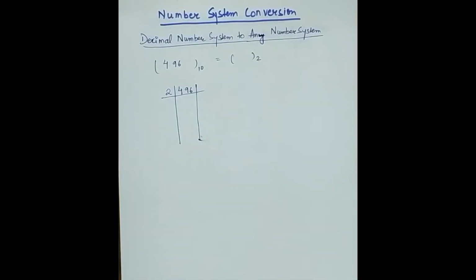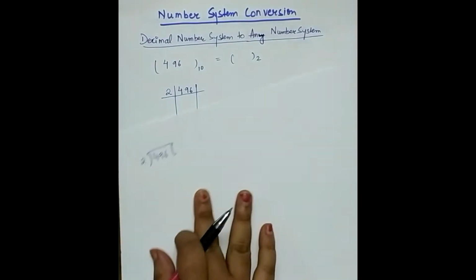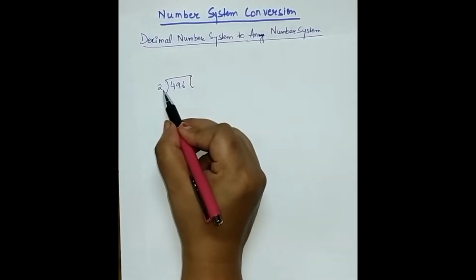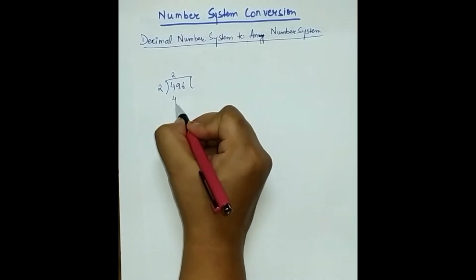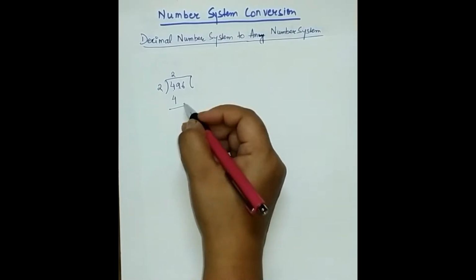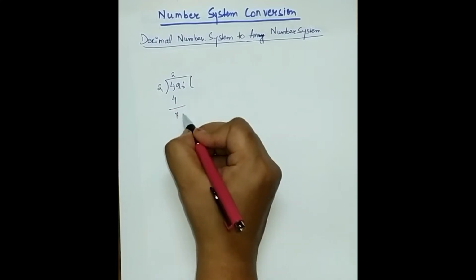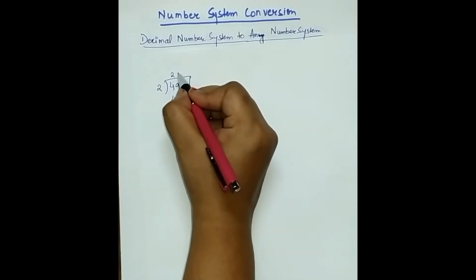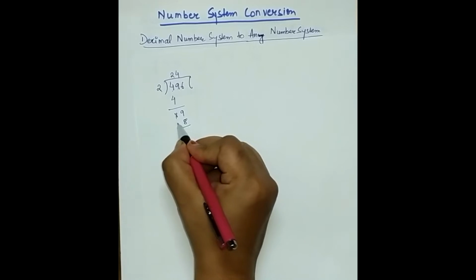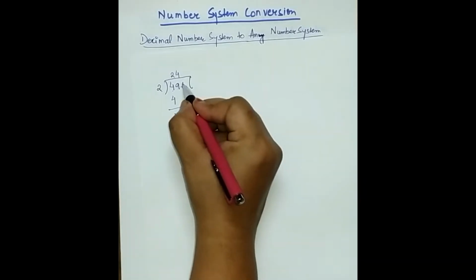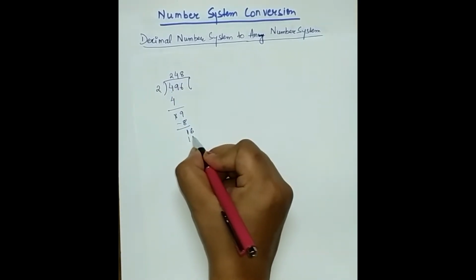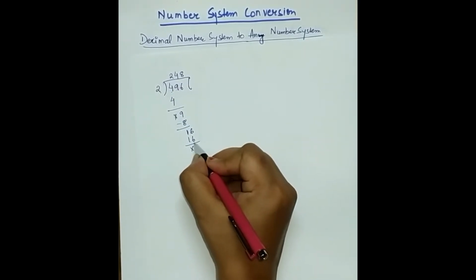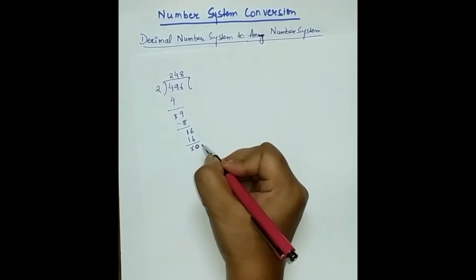In normal division, when you are dividing 496 by 2, 2 2s are 4, no remainder. Then the next digit is 9, so 2 4s are 8, and 1 is left. Then you write 6 here, 2 8s are 16, so there is no remainder, 0 is left over here.